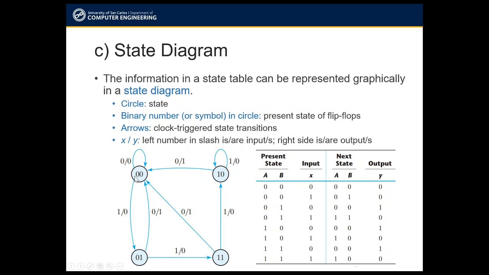It goes to state, consider the direction of the arrows, 01 if the input is 1. So we have this arrow here going to this state, labeled 1/0, with 0 on the right side of the slash because the corresponding output here is 0. And you derive the rest from the state table again. So we have here this state diagram.